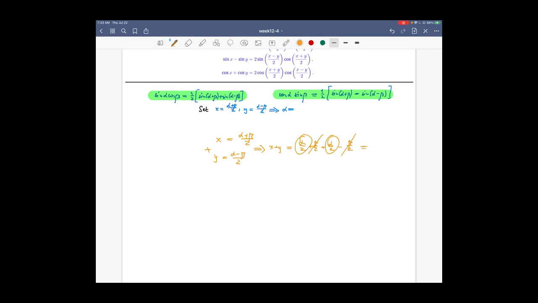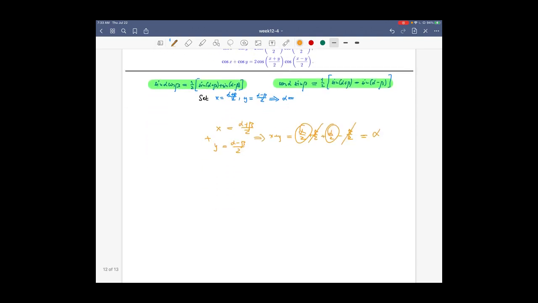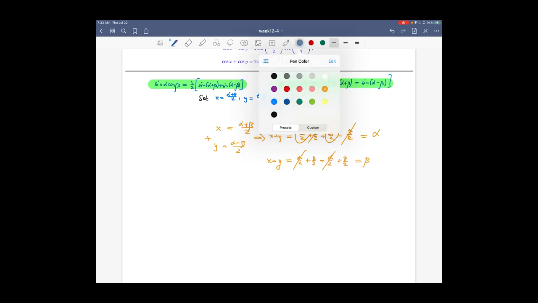Alpha over 2 plus alpha over 2 is alpha. So alpha is x plus y, and if we subtract them, x minus y, we get alpha over 2 plus beta over 2 minus alpha over 2 plus beta over 2. This time it's beta. So alpha is x plus y, and beta is x minus y.